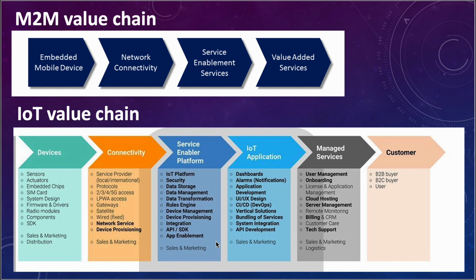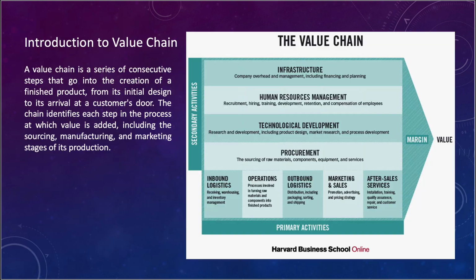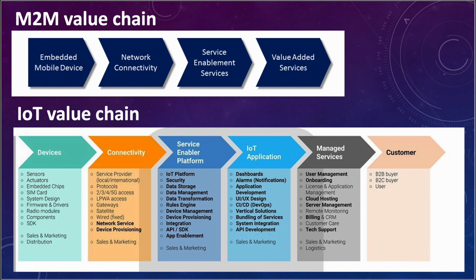On top of that, device manufacturers such as Arduino also provide cloud platforms for IoT, right? So then again, when a business expands, your value chain can be divided into certain categories, right?